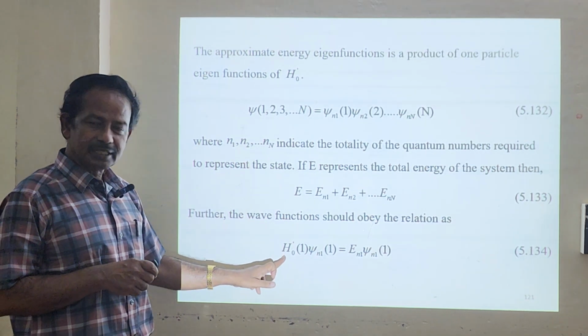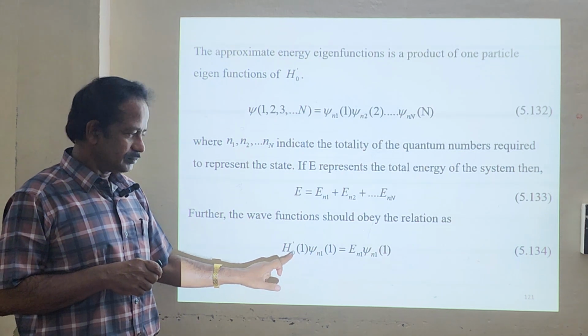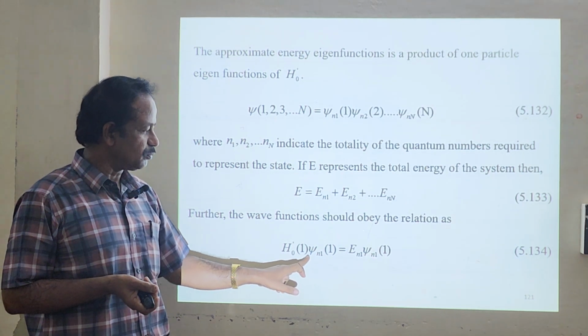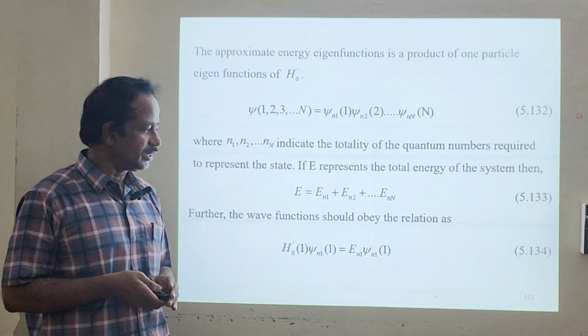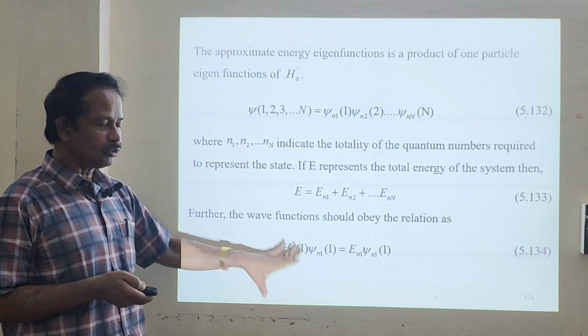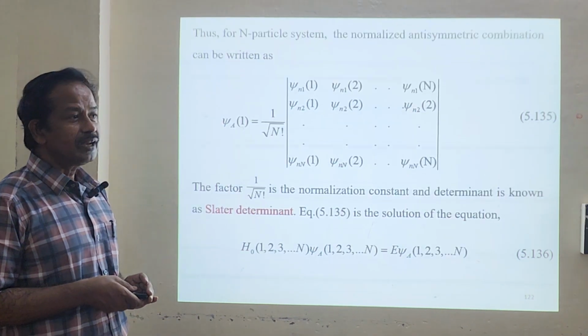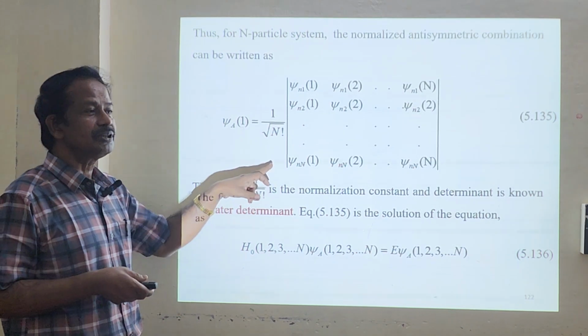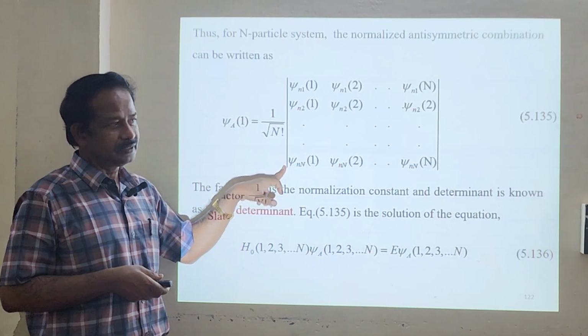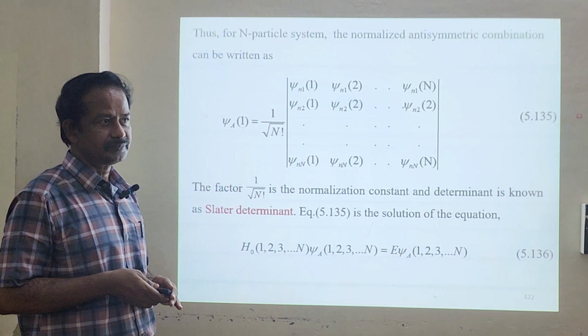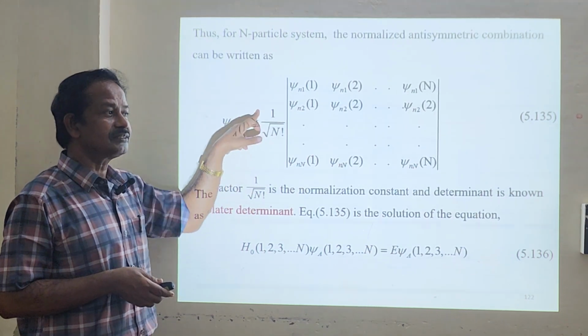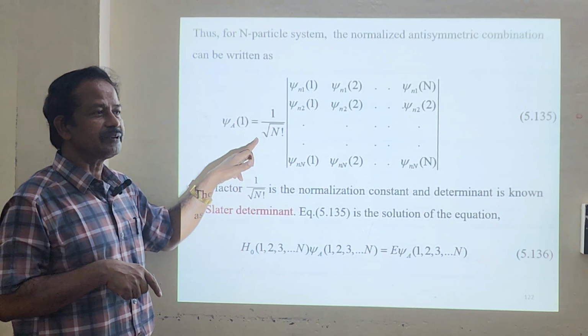Now you will have to use the eigenvalue equation, H of 1 psi n1 of 1 equals E n1 psi n1 of 1. So they will have to obey the eigenvalue equation. And for n particles, we will have to take the determinant. This determinant is called a Slater determinant. And of course, the normalization constant is nothing but 1 by root n factorial.